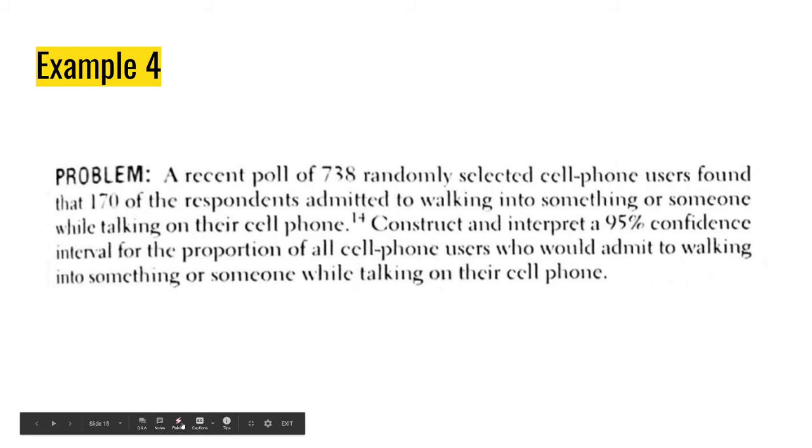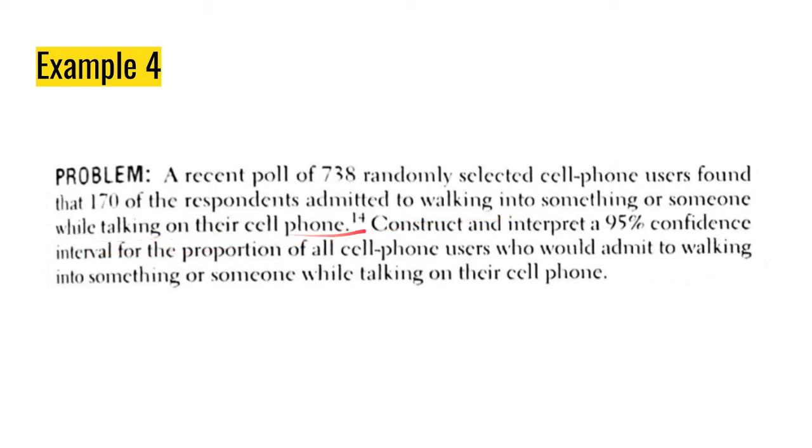So this 738 will be your sample size. And 170 of them admitted to walking into something or someone while talking on their cell phone. So 170 out of 738 will be your sample proportion.